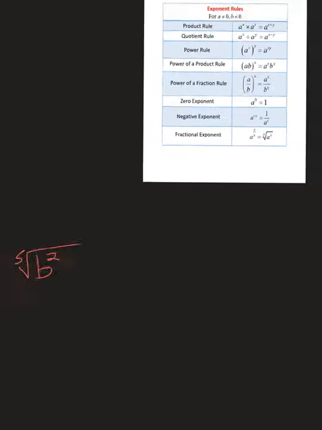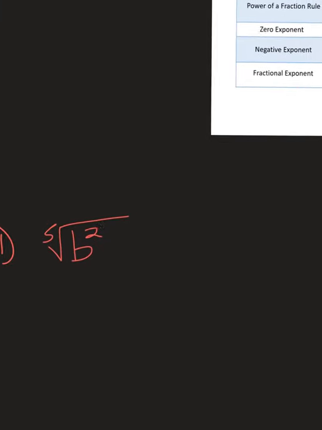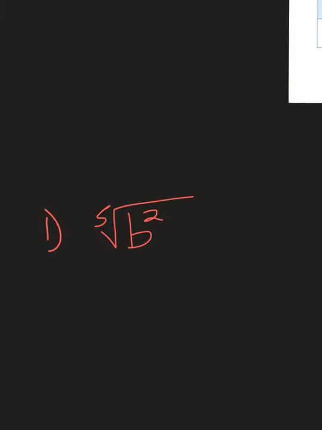So, in order for us to break this down, we need to put it back into exponent form. So what that'll look like is this is the same as b to the 2/5.